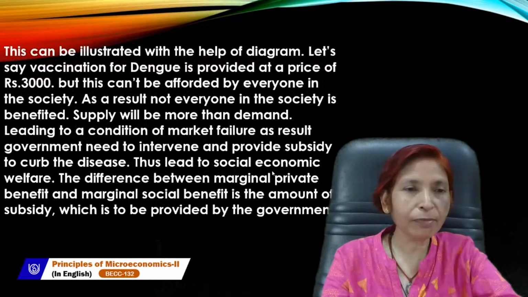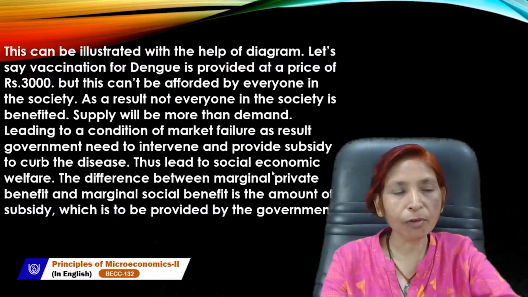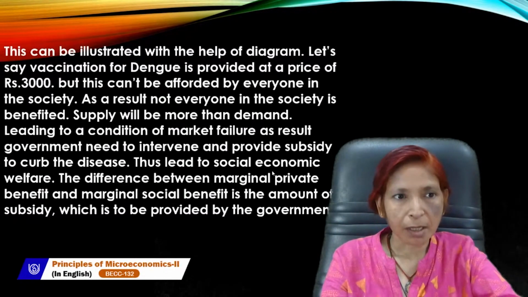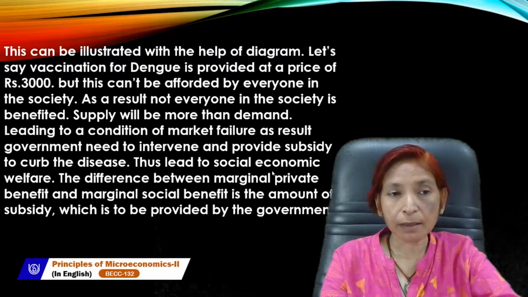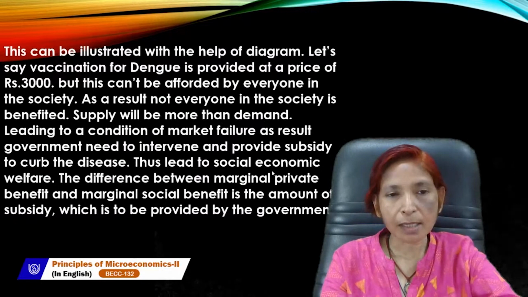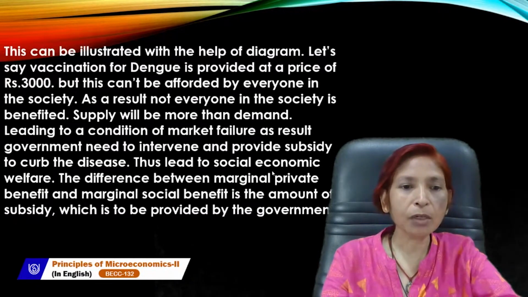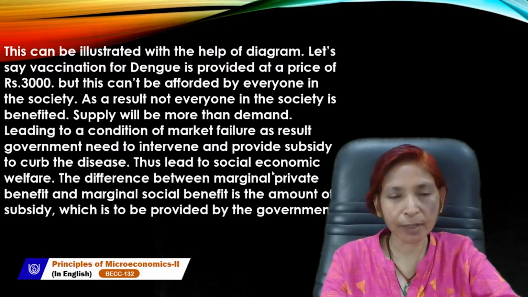The example of this positive externality is, let's say vaccination for dengue is provided at a price of rupees 3,000. But this can't be afforded by everyone in the society. As a result, not everyone in the society is benefited. Supply will be more than demand, leading to a condition of market failure.